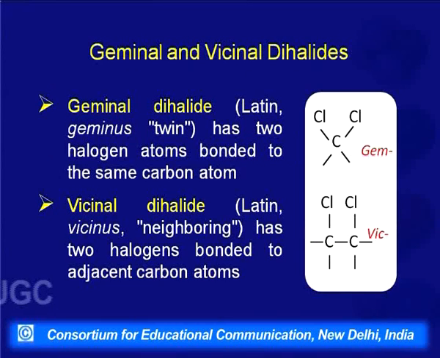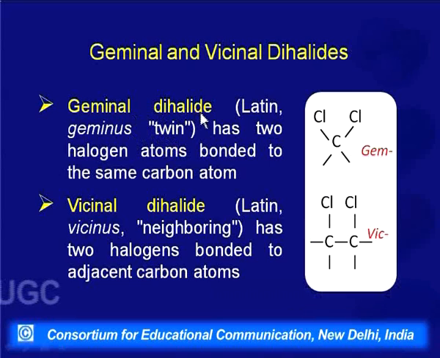Now, when it comes to dihalides, there is another way of classifying them. We call them geminal and vicinal dihalides. The name geminal originates from a Latin word, geminus, which means twin.